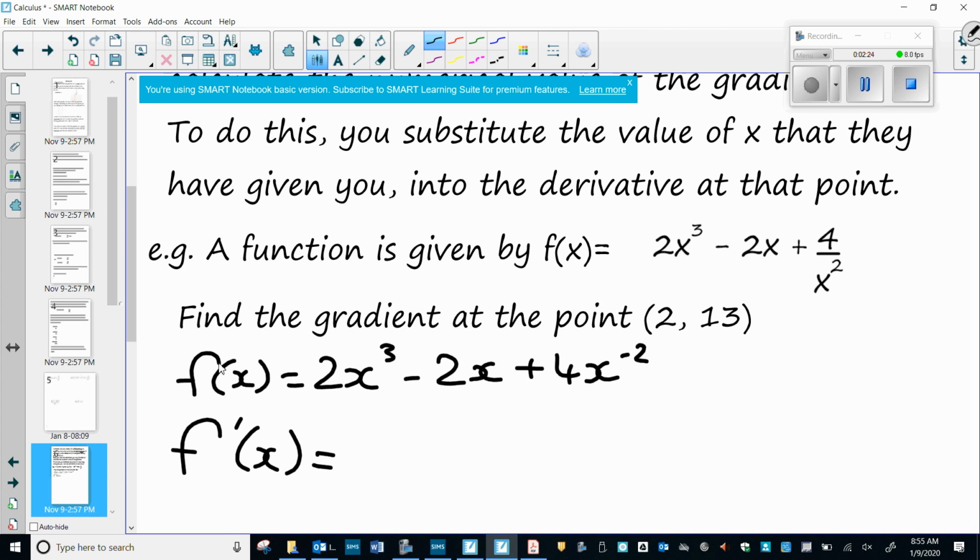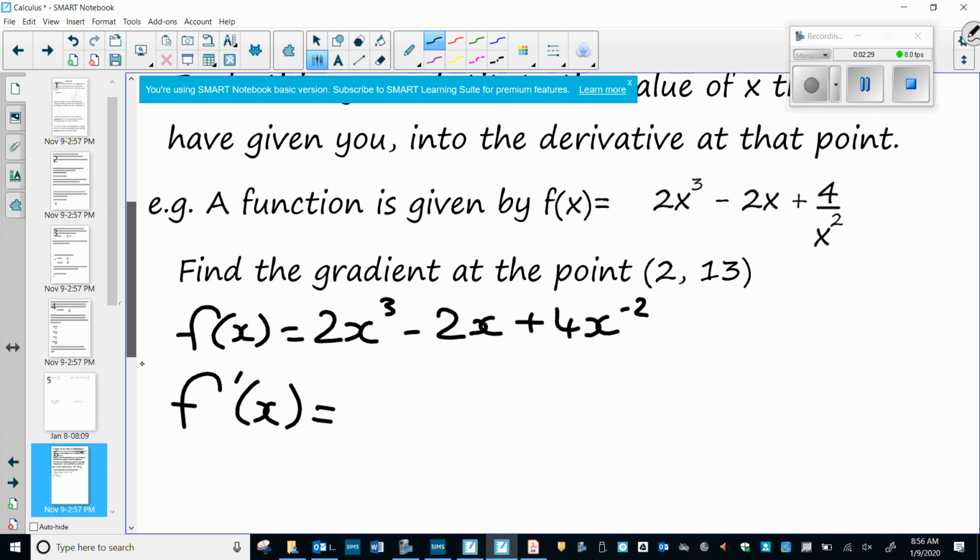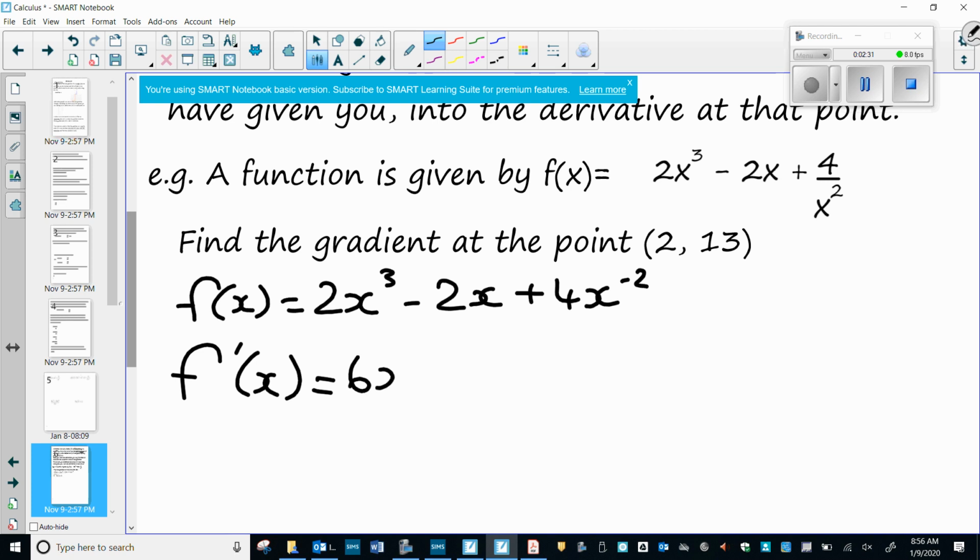Okay, Jodie, do you think you're comfortable doing this for me? 6x squared. Yep. Minus 2. When there's just an x next to it, you just drop the x. Plus 1 minus 8x to the negative 3.